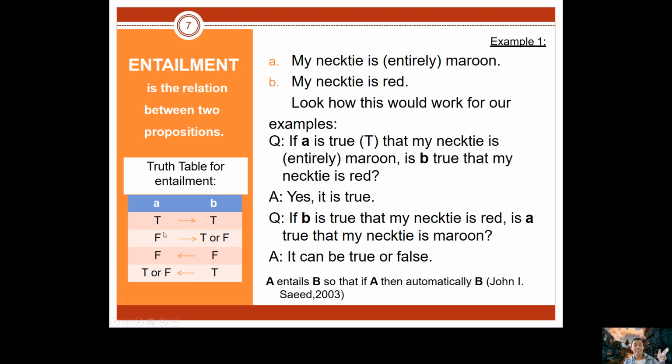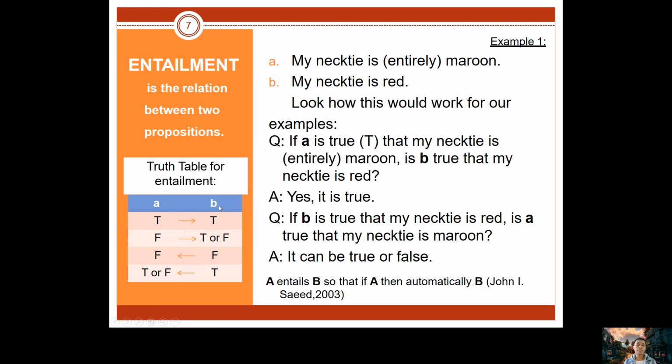And if the first premise is false, B will be true or false, so it has two possible values. And if the second sentence is false, then the first premise will be false.